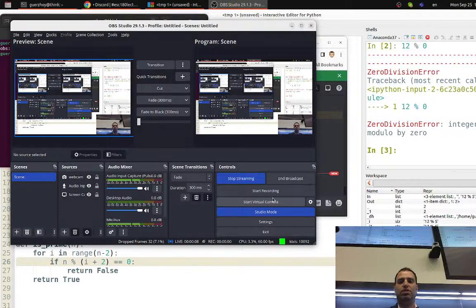So now i is 1, i plus 2 is 3, so 5 mod 3 is 2. Because 5 divided by 3 is 1, so to make it up to 5, you need 3 times 1 plus 2. So that's again not equal to 0.